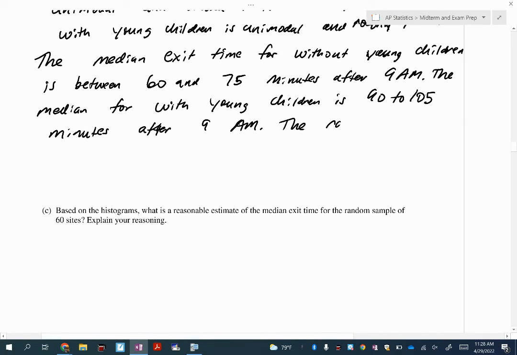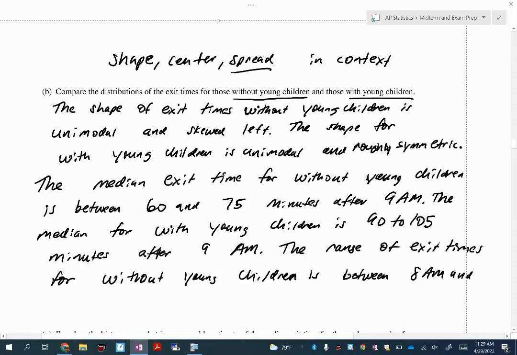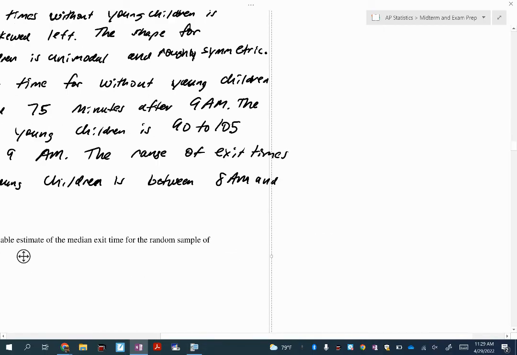So the range of exit times for without young children is between 8 a.m. and I think it was 2.5 hours after. Let me make sure. Yep. So 2.5 hours after is 11:30.